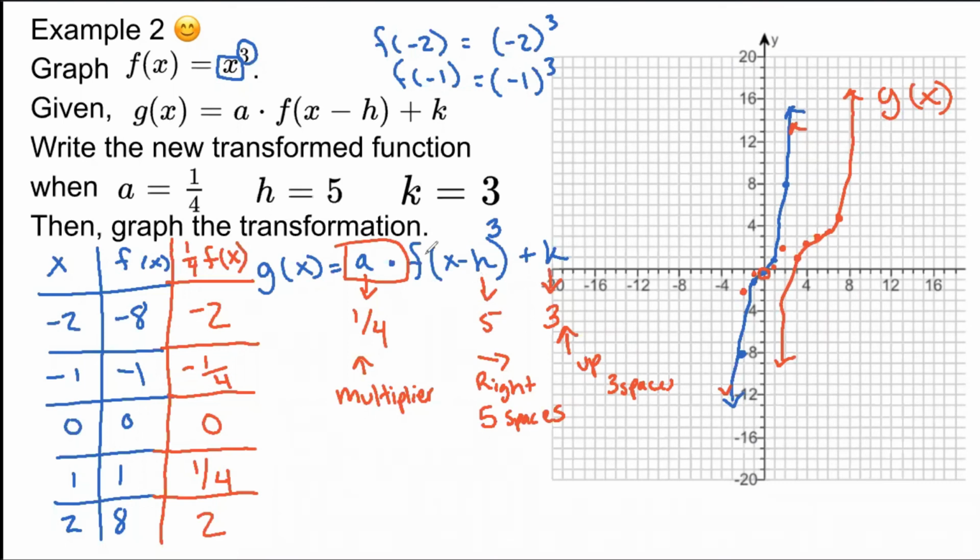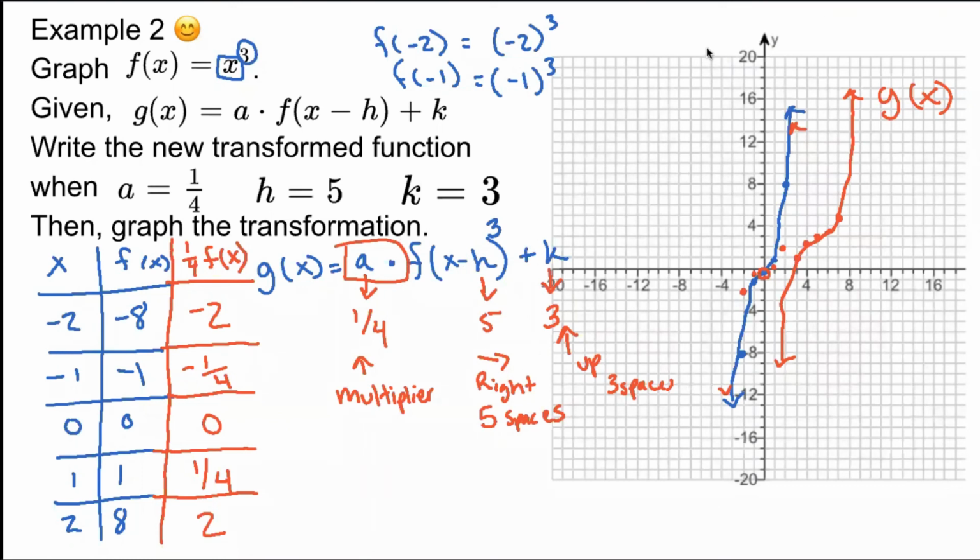So remember that we do the multiplier first, and then we shift it as what our parameters h and k do. Notice that if our parameter h has that minus inside the parentheses, it's going right. If it has a plus, it's going left. And it does not apply for k. If k is positive, it's up. If k is negative, it goes down.